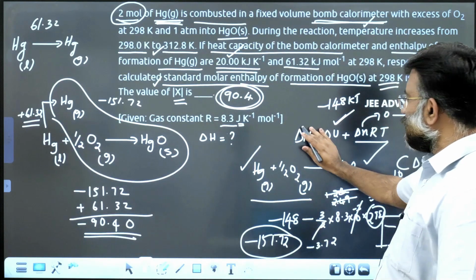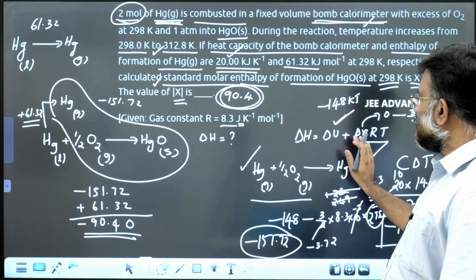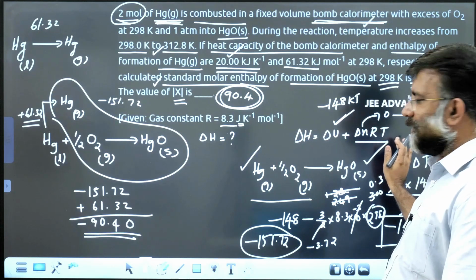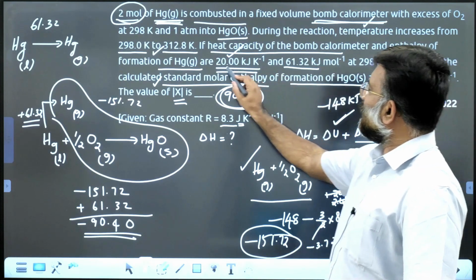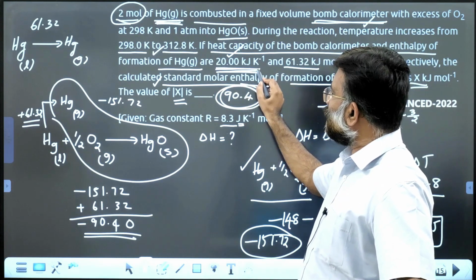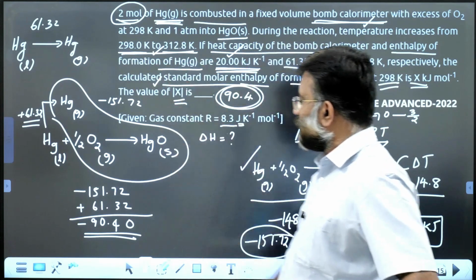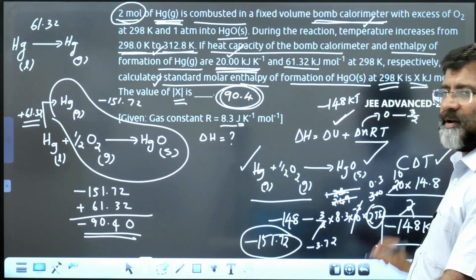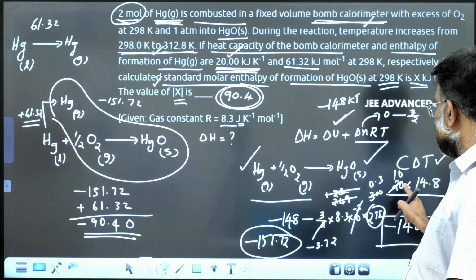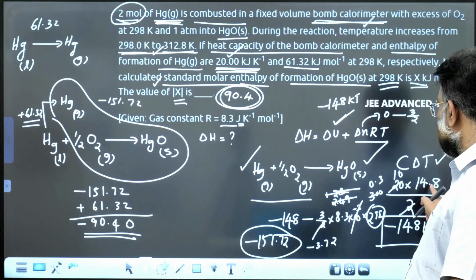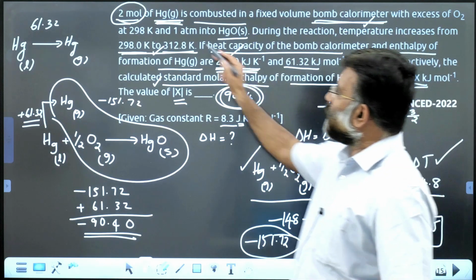Now, how do you get enthalpy from there? Delta H is equal to delta U plus delta nRT. And how to get delta U? Delta U can be obtained from the heat capacity of the calorimeter and the change in temperature. C delta T will give you delta U. 20 given in the question, and temperature difference 14.8, and that is for 2 mole mercury.